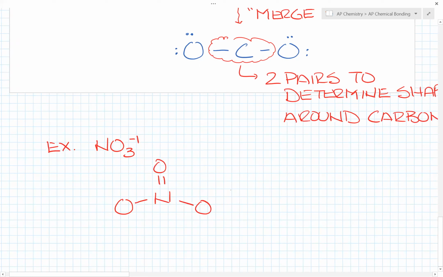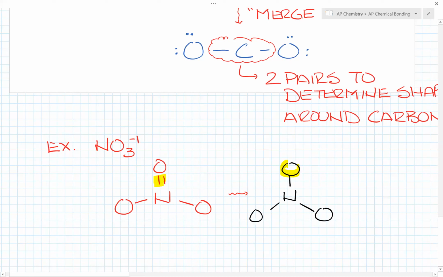Remember, when you're thinking about the shape, the double bond has merged into one. And so what you have is O single bond N, and then you have O, O.